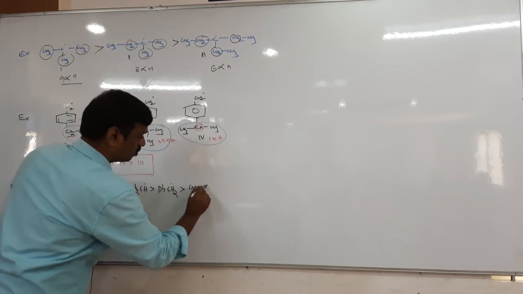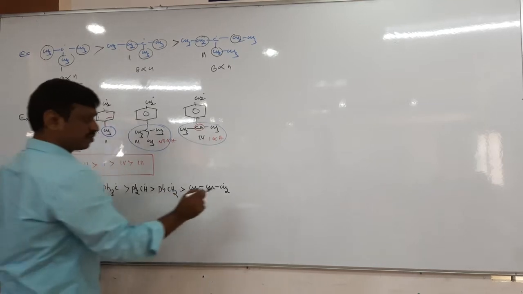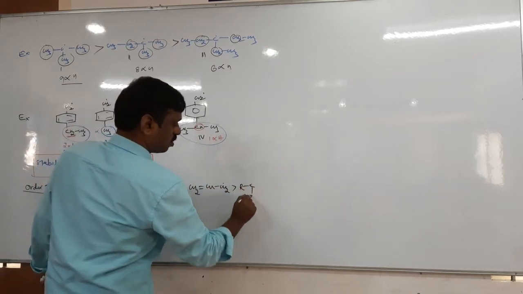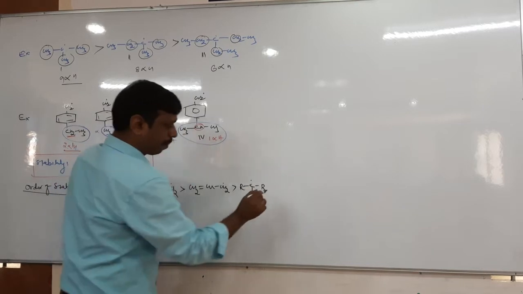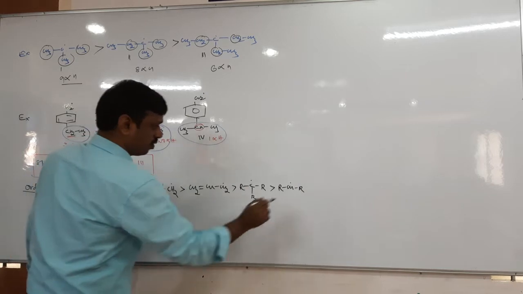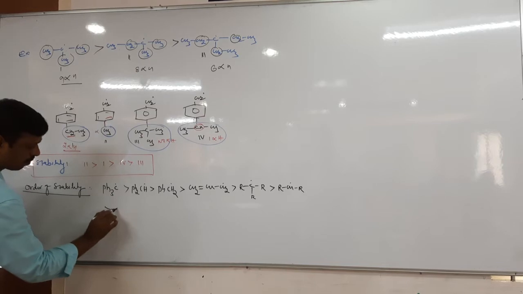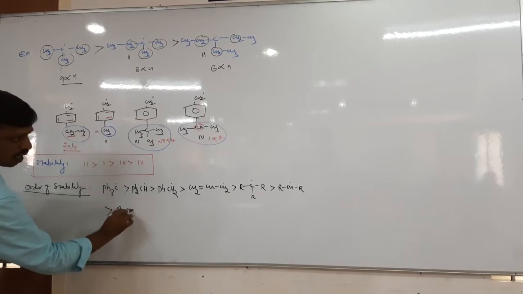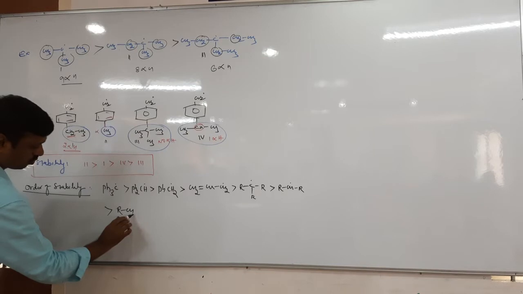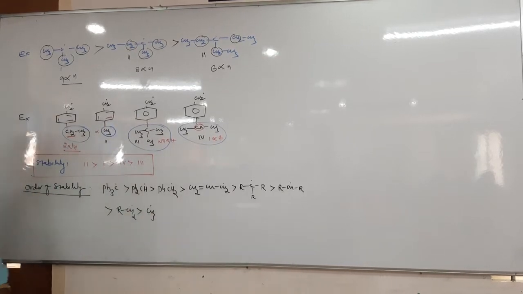Allylic, right? Then tertiary, then secondary, then primary, then methyl. So the stability of free radicals is exactly similar to the stability of carbocation.